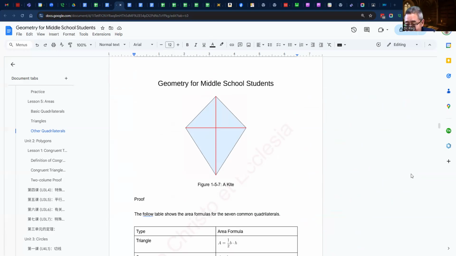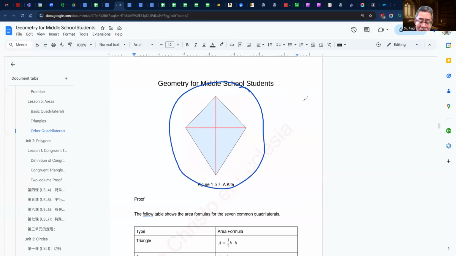Not the formula, the definition. Definition for a kite. So how do we know this is a kite and not other type, not a rhombus, not a rectangle? Do you remember that?